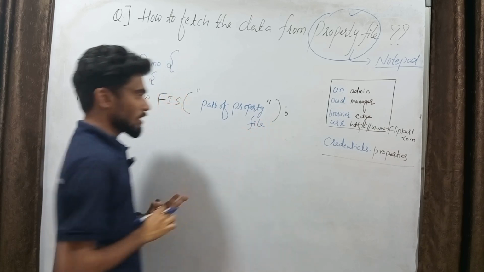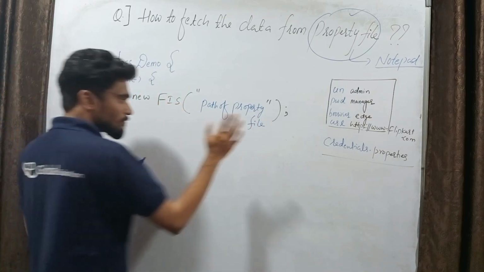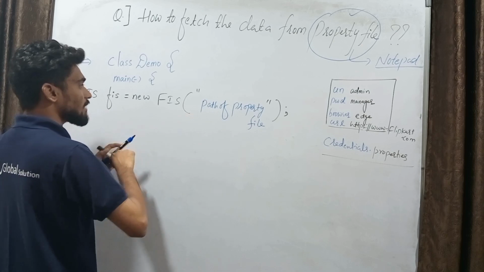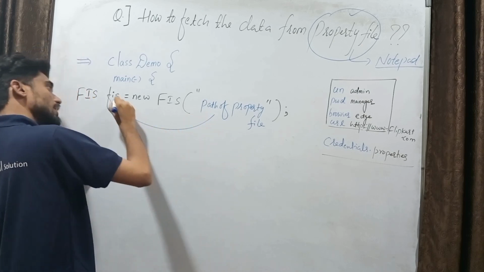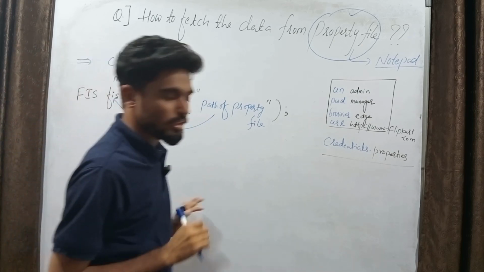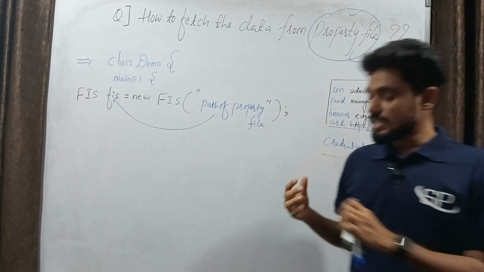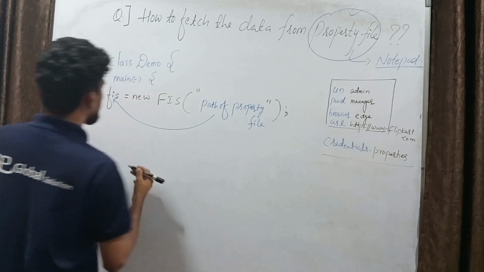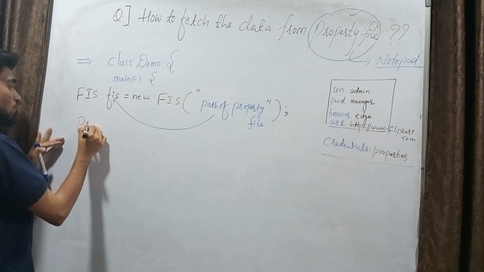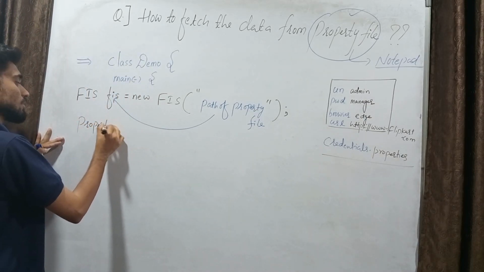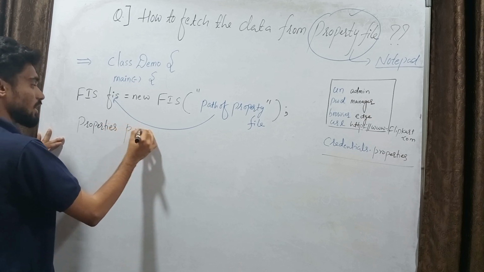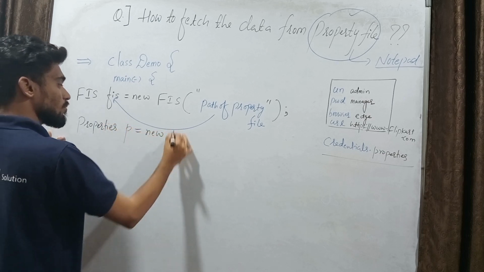Now listen, observe, this property file is stored inside the reference variable called fis. Are you understanding? Yes. Then we need to create an object of the Properties class. So can I create an object of the Properties class here? Yes. So Properties p is equal to new Properties.